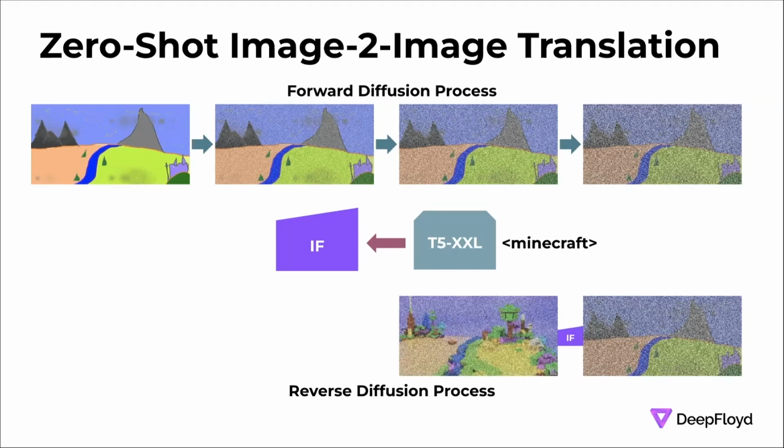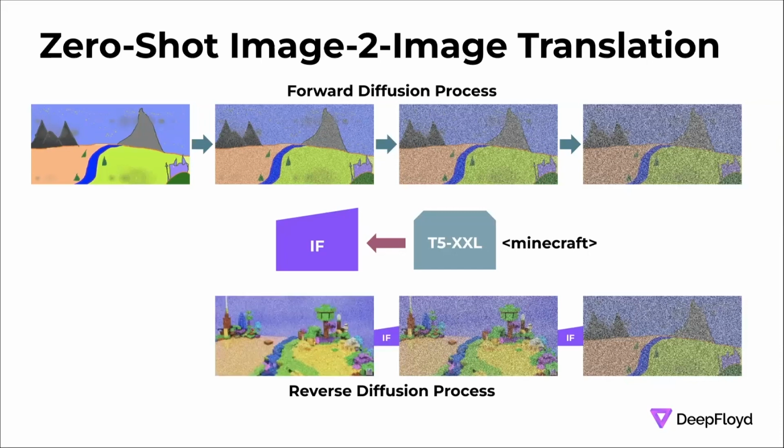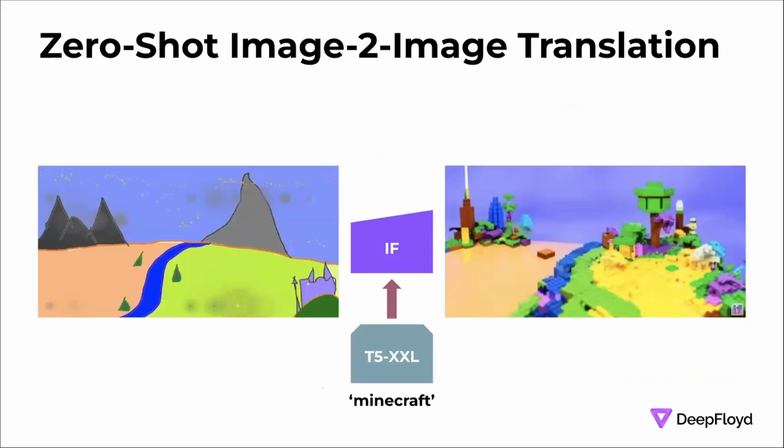And here you see that more and more we really get the image which fits our text description. At the same time, the final image really preserves the geometry of the initial image.